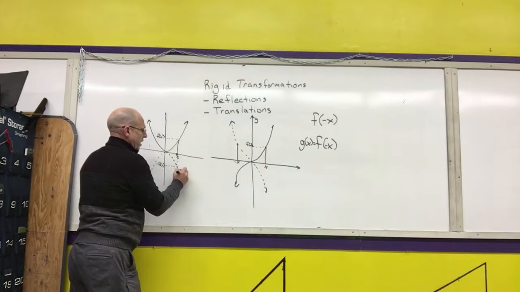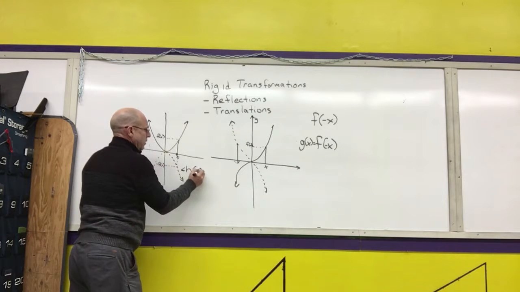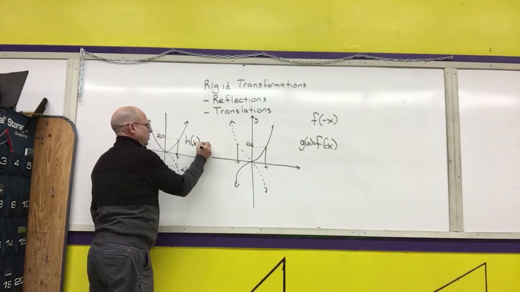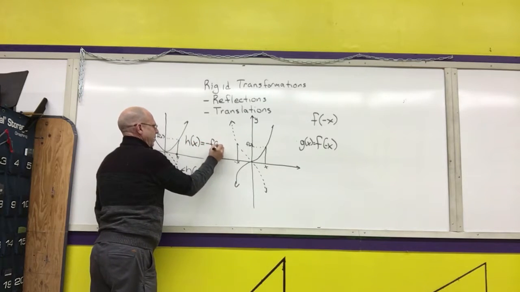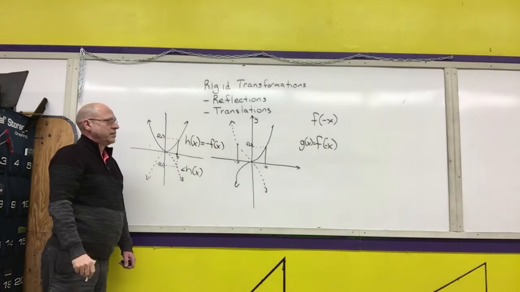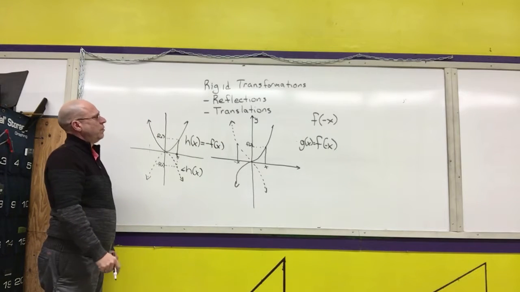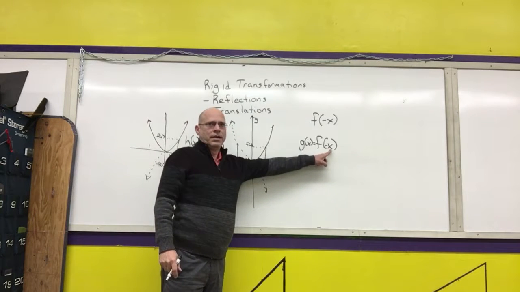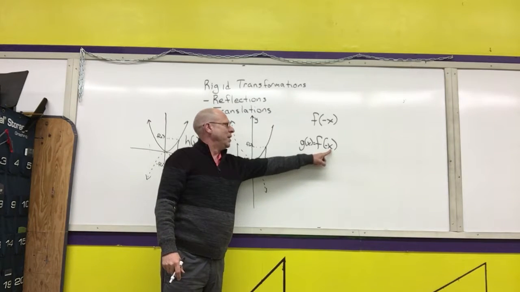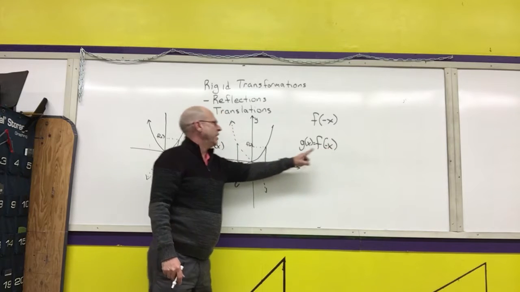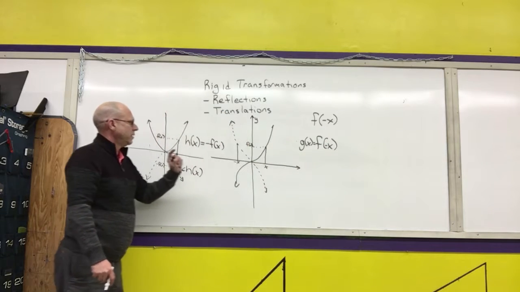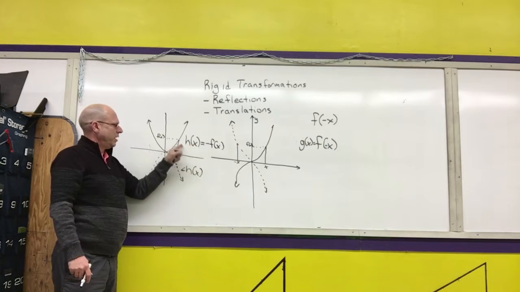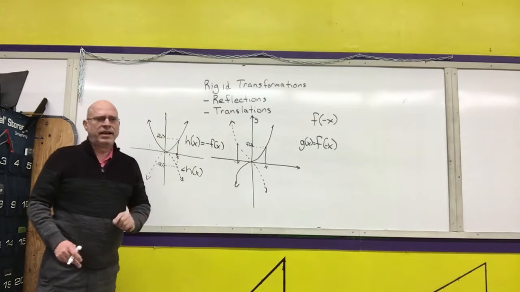If I call this one h of x, I can say that h of x is equal to negative of f of x. So for reflections, if I change the sign of the independent variable, I get a reflection across the y-axis. And then if I do the entire function rule and then change the sign, I get a reflection across the x-axis.